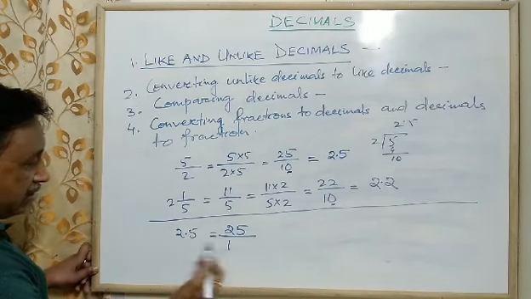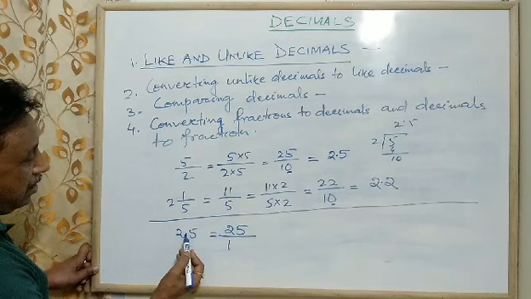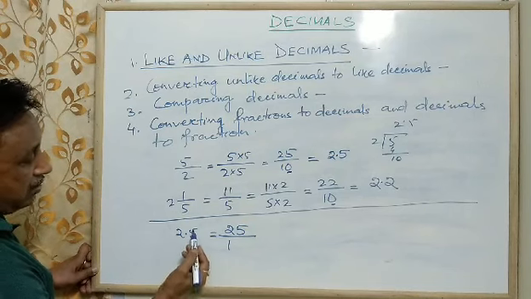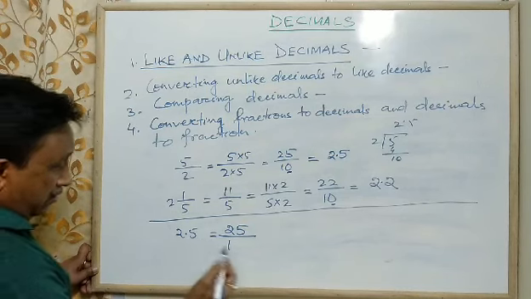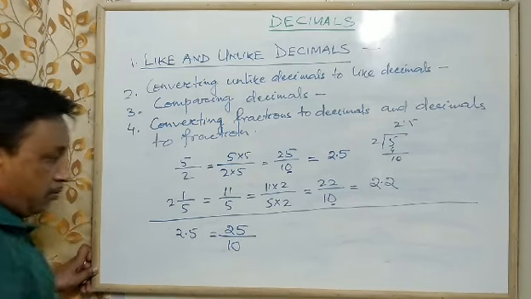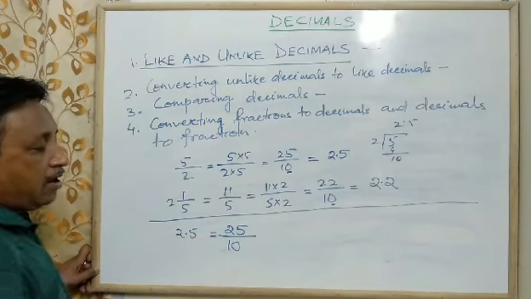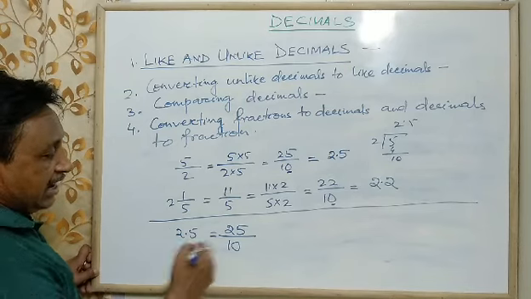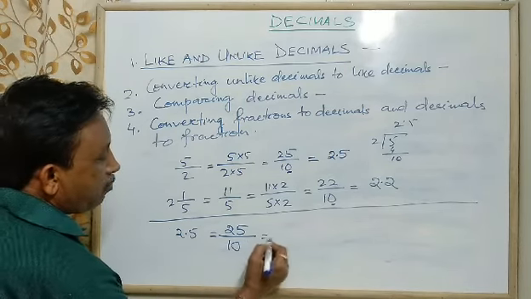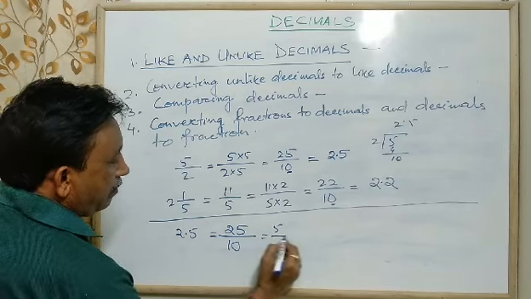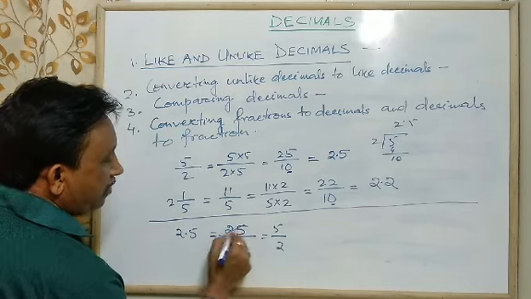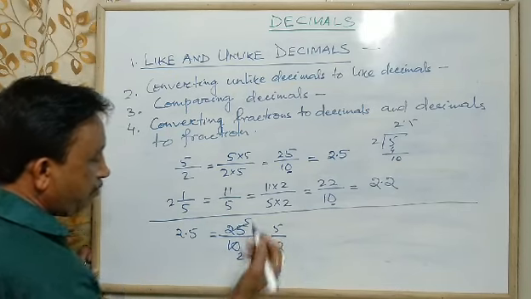Now after this I'll count how many decimal places there are. There is only one decimal place, so I'll put 1 zero. So the fractional form of 2.5 is 25 by 10, or you can write it as 5 by 2. 5 fives are 25, 5 twos are 10, 5 by 2.